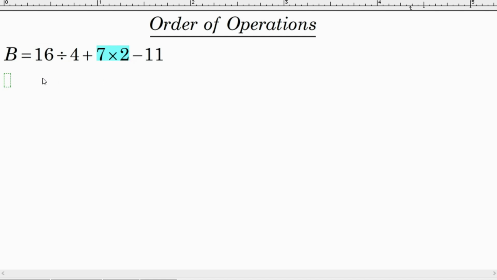Now I want to solve the division sign first. Then B equals 16 divided by 4, which equals 4, and then plus 7 multiplied by 2, or times 2, minus 11.